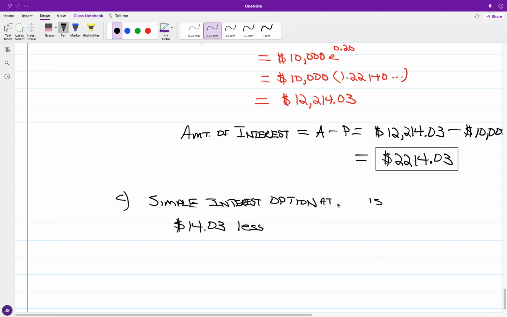I'll just stress this, now that it's a bit counterintuitive in a sense, because you got the simple interest option at 5.5% with the deal laid out. It's $14.03 less than the continuous compounding at 5% plan.